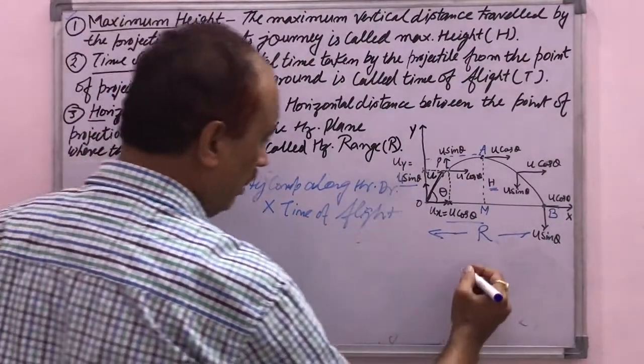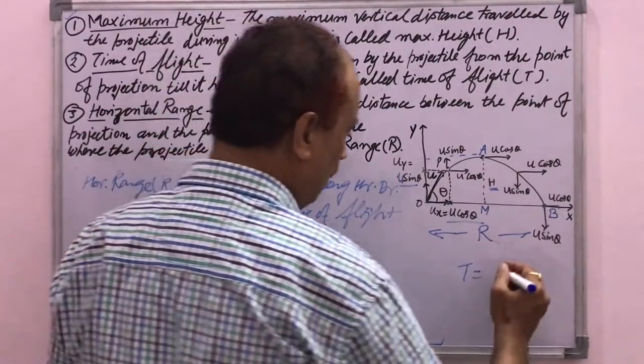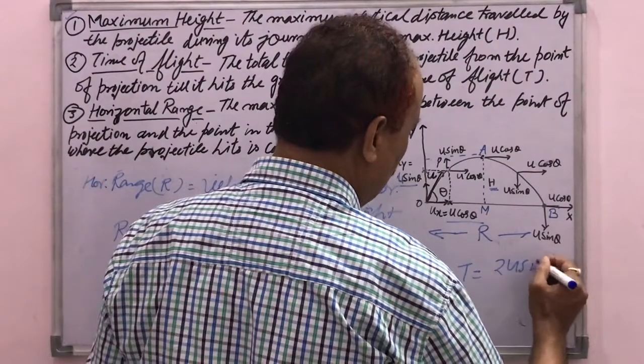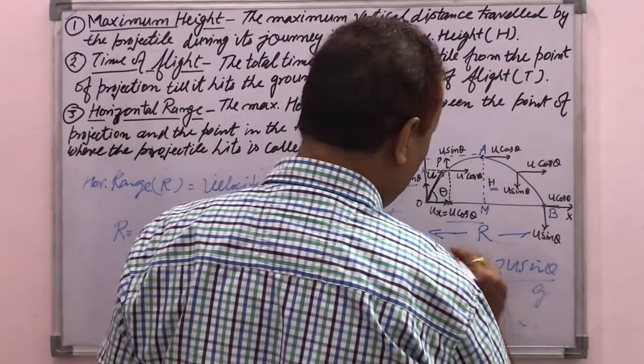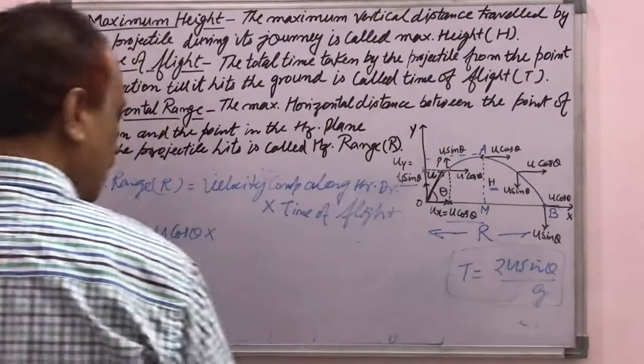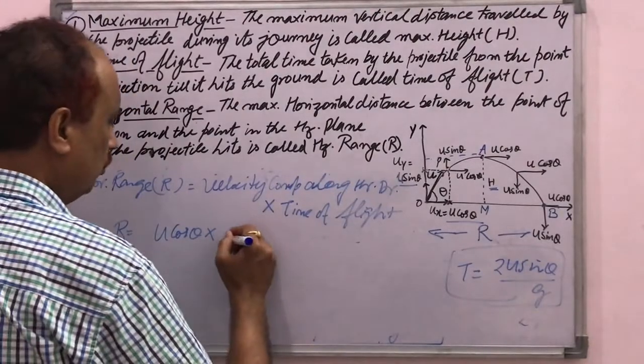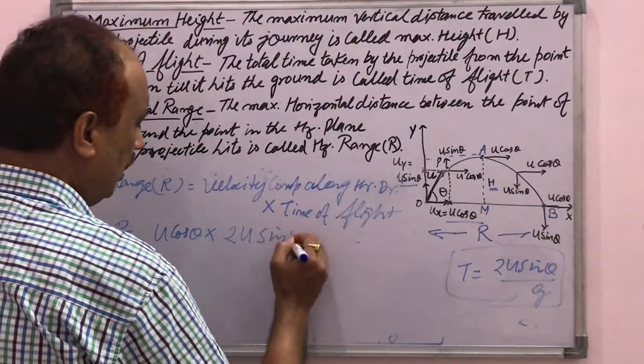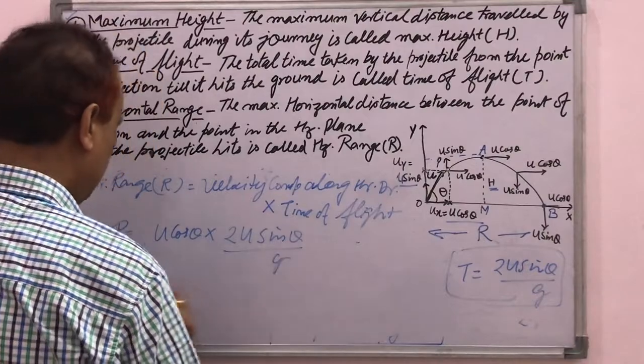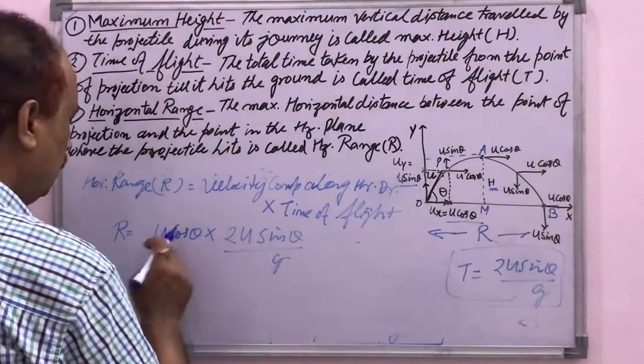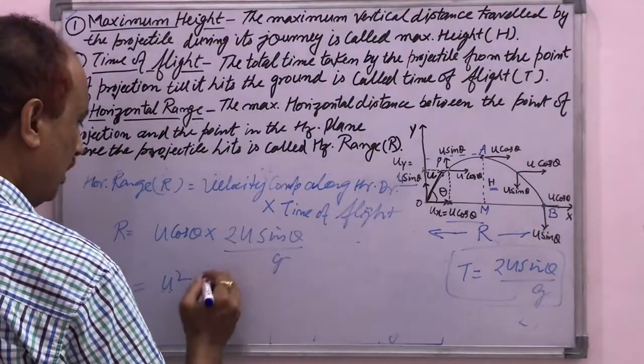Time of flight I have already discussed, that is 2u sin theta upon g, and this formula is used here directly. So it is equal to u cos theta into 2u sin theta upon g, and then simplify u into u, that is u square, and 2.